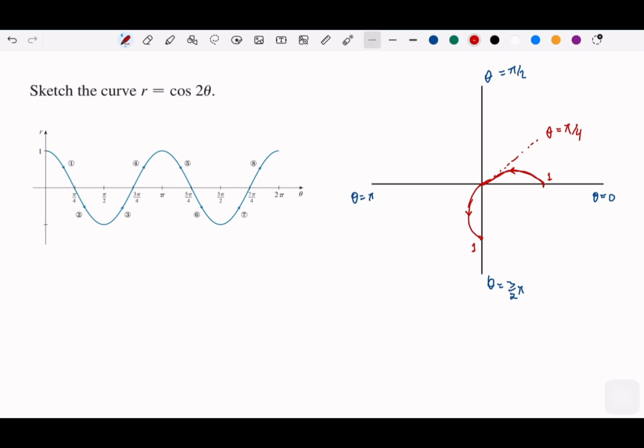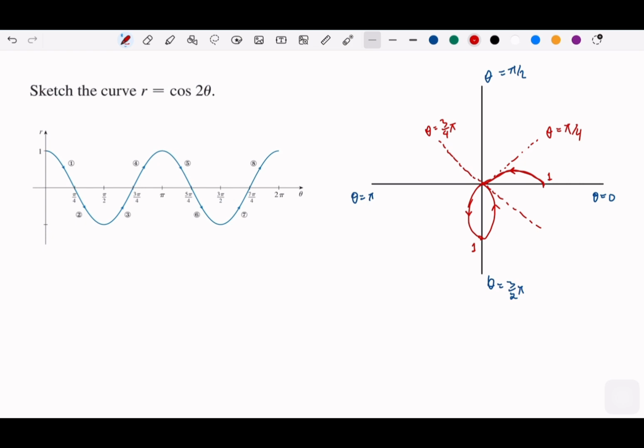It's a little bit confusing, but I hope you get it. Let me write 3 pi over 4. The 3 pi over 4 is actually here, but the result, since it's negative, is going here, in this part.